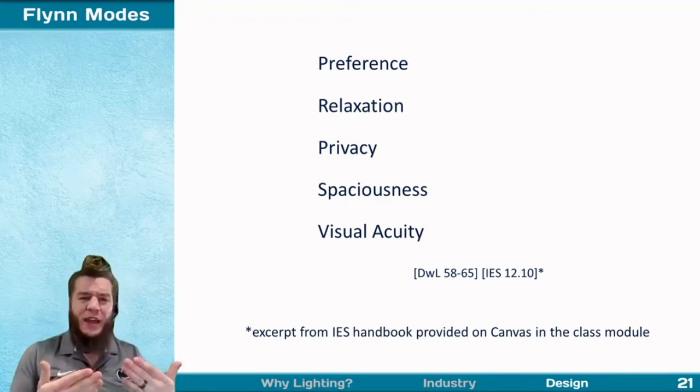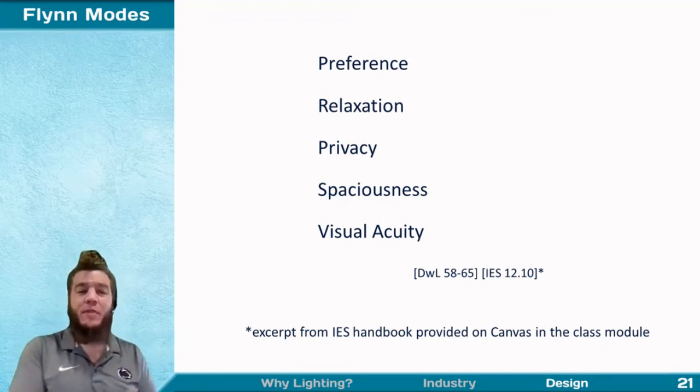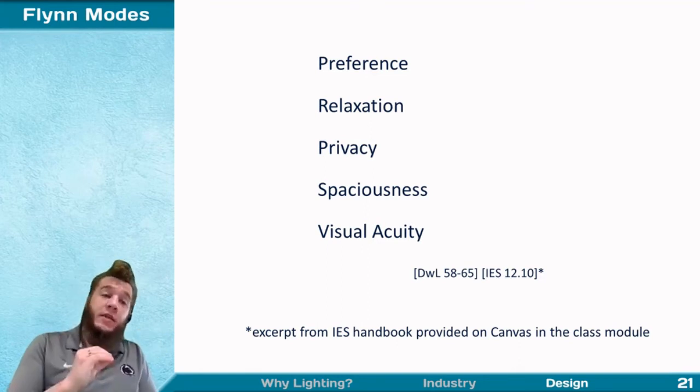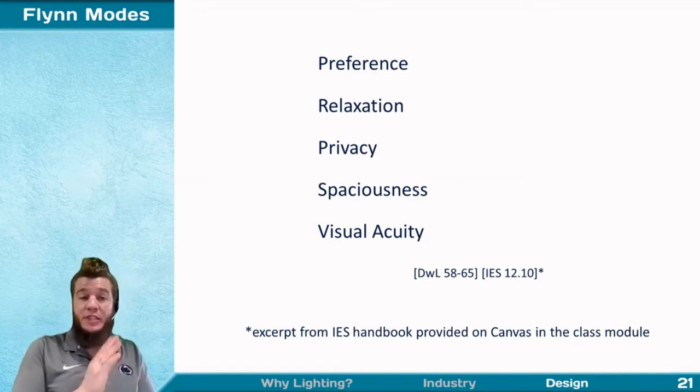This list is not exhaustive. Obviously, there are many more impressions of a space you can have than just these five. But from a design perspective, these are useful because there are clear recommendations to get us to these places.